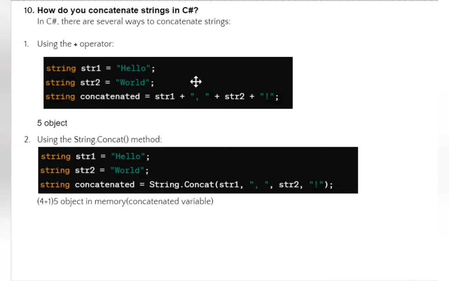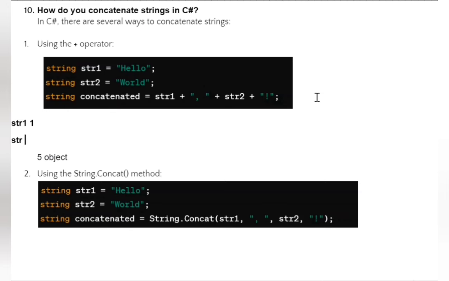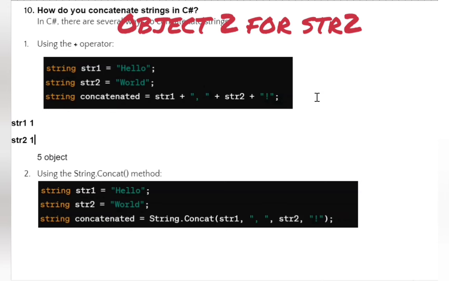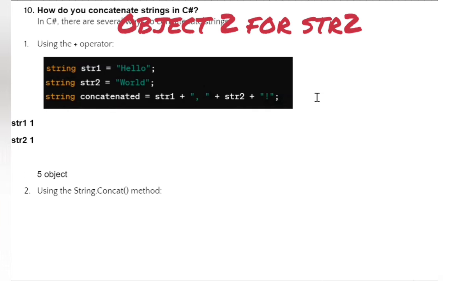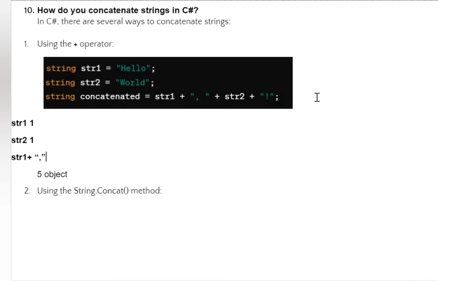So here for str1 it will create one object, for str2 it will again create one object, and then in the concatenation, str1 with a comma appended to it will create one.